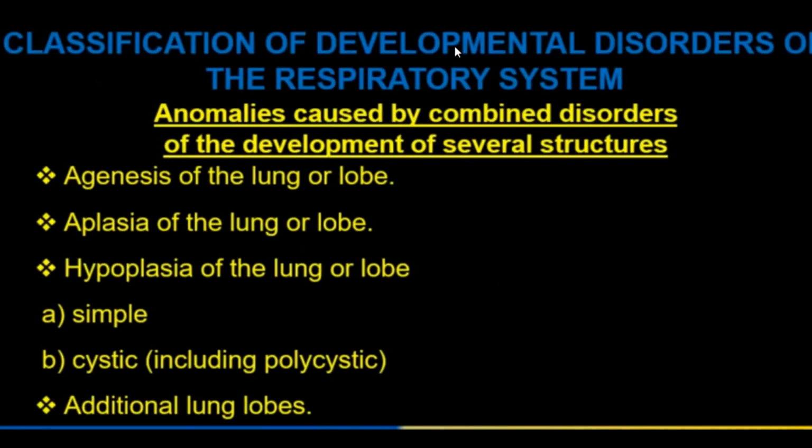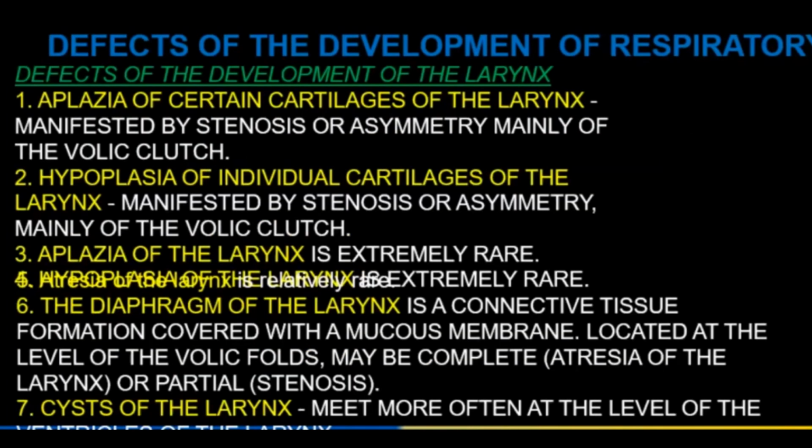Classification of development disorders of the respiratory system. First of all, abnormalities caused by combined disorders of the development of several structures: agenesis of the lungs or lobes, aplasia of the lungs or lobe, hypoplasia of the lungs or lobes, simple and cystic variants, and additional lung lobes.